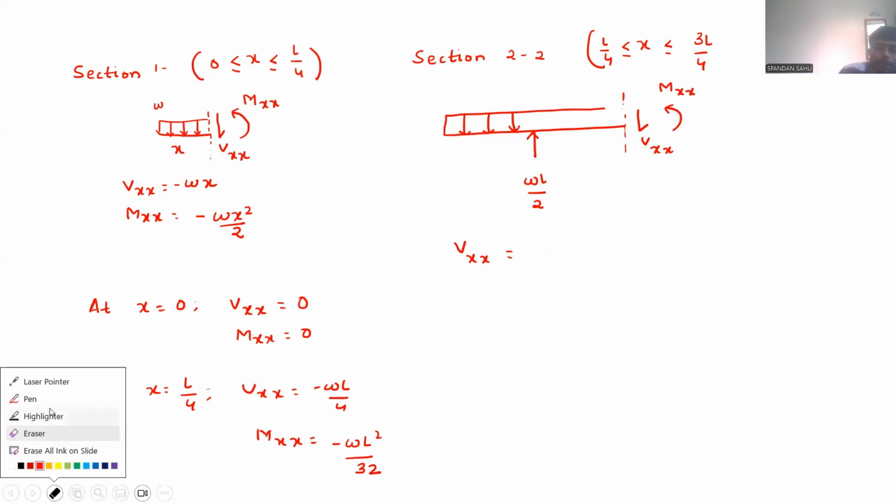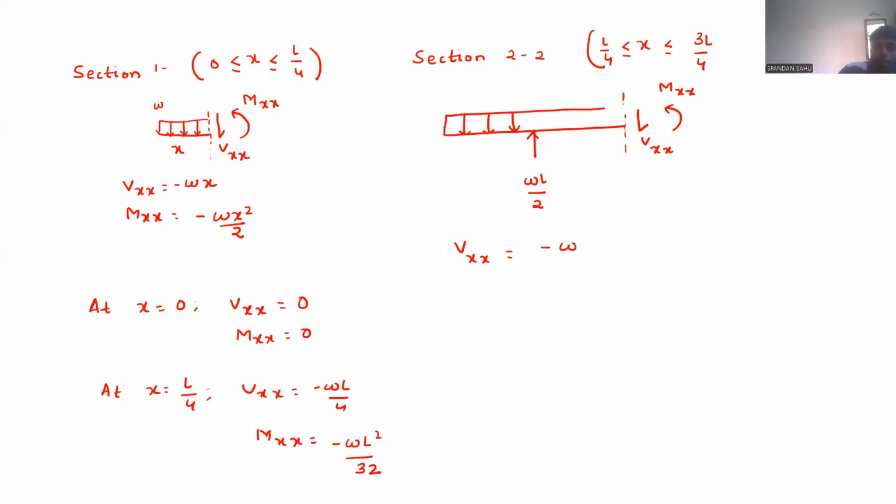If you simplify this equation, it will be minus WX plus WL. Clear? Is this equation clear to everyone?